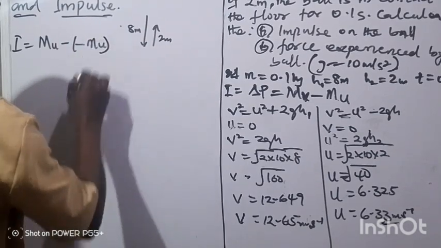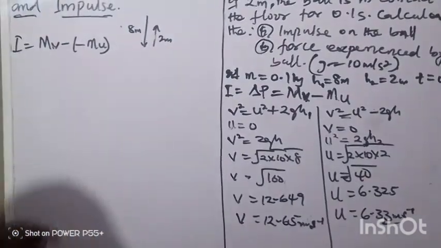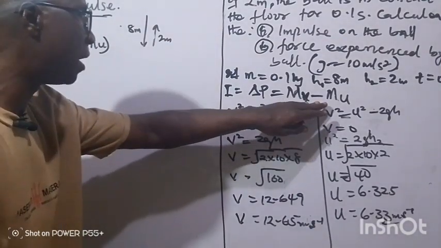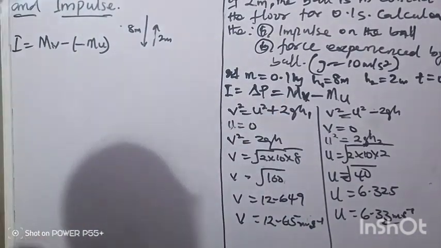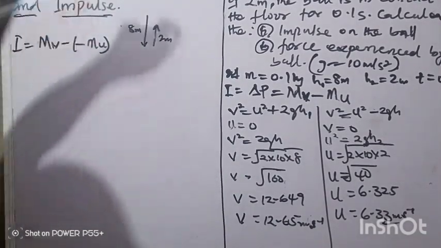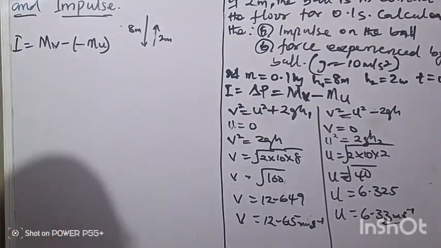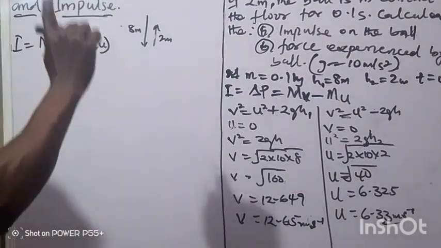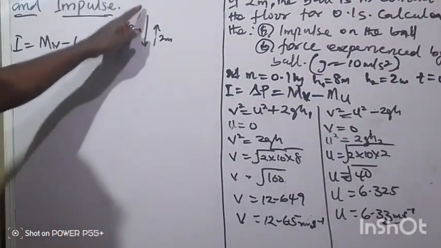That is, according to what we have written here, this is the real formula. But what will determine our calculation now is the direction of the motion of that ball. It falls from a certain height, hits the hard floor, and bounces back. So the motion is like this. This one is coming like this, and this one is going. The motion is opposite to each other.